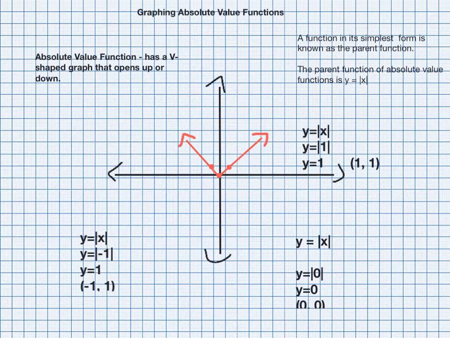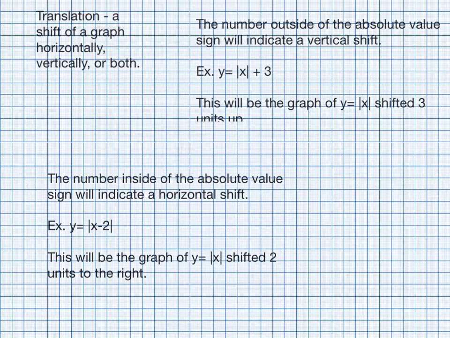The next thing I'm going to talk about is translations and how these graphs will shift. Here are some notes on translation. A translation is a shift of a graph horizontally, vertically, or both. The number outside of the absolute value sign will indicate a vertical shift.